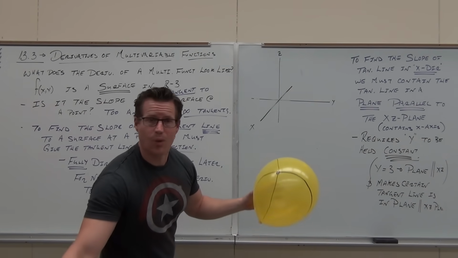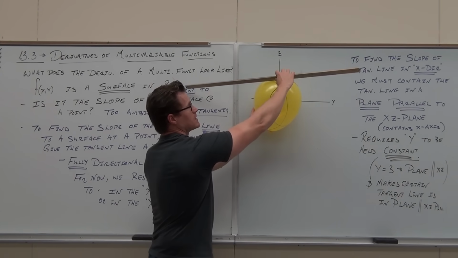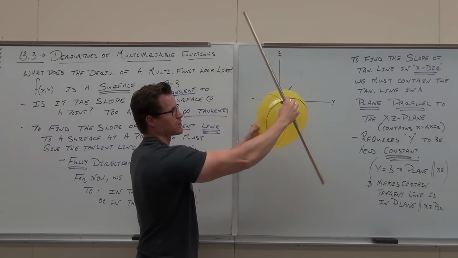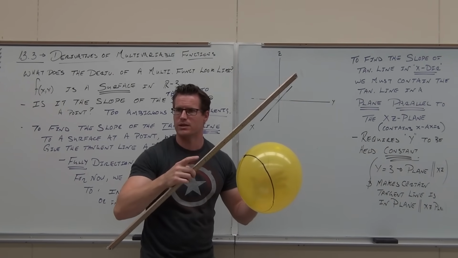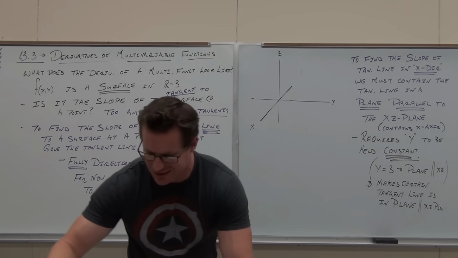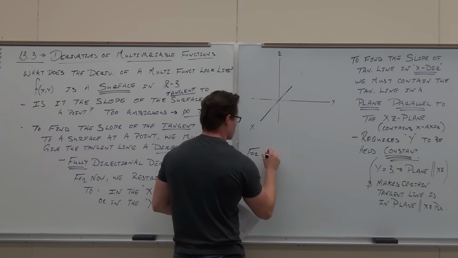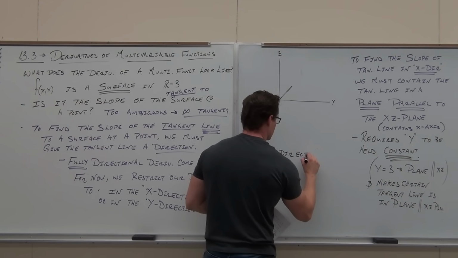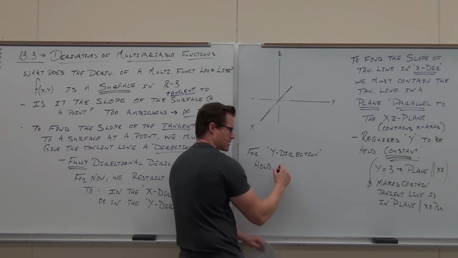Then we go, okay, in the y direction, how many tangent lines are possible if I restrict it to this plane? It's got to be on this curve at that point. How many tangents now? One. One at that point on that curve on that surface. And that's the magic. So for the y direction, we do basically the same thing. For the y direction, we have to hold the x constant.